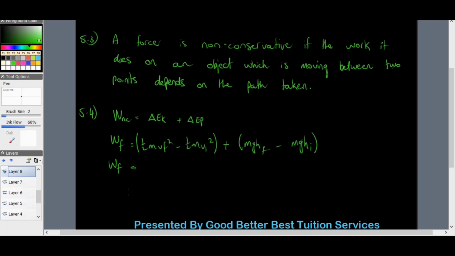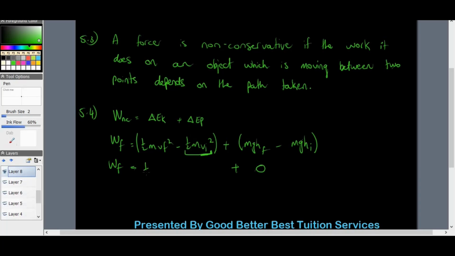What we do know is that the EK of the crate would also equal the change in the potential energy of the ball initially. So we know this value over here, because that would be your 44.1 joules. The crate had no potential energy, so this is all 0.